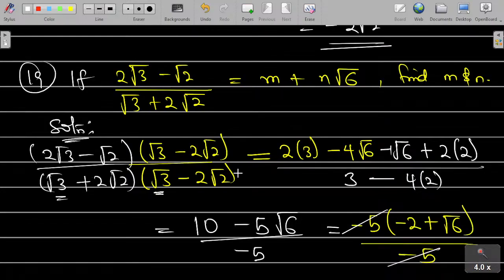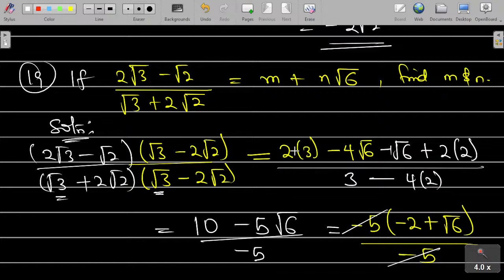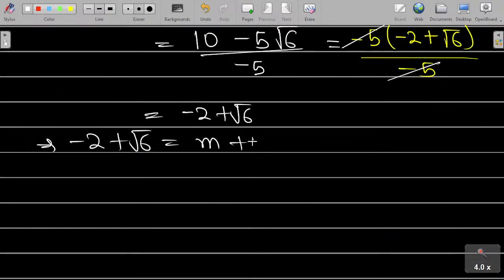And so I can now equate it. So this implies that minus 2 plus root 6 is equal to m, which is on the right hand side, plus n root 6.